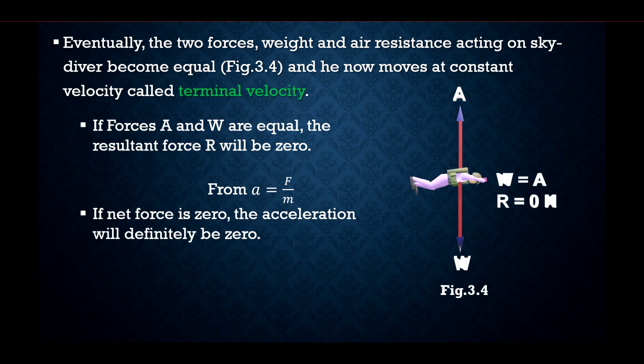The net force keeps decreasing, and so does acceleration. Eventually, air resistance becomes equal to weight. At this point, net force will be 0, and so is acceleration. When acceleration is 0, we say the skydiver has reached terminal velocity.